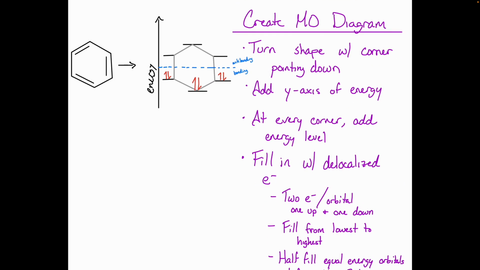Using the same set of rules, you're going to create an MO diagram, but this time for cyclobutadiene. All right, we're going to do our square.